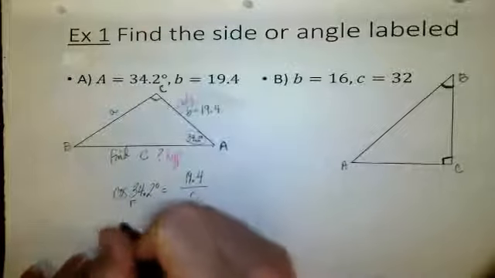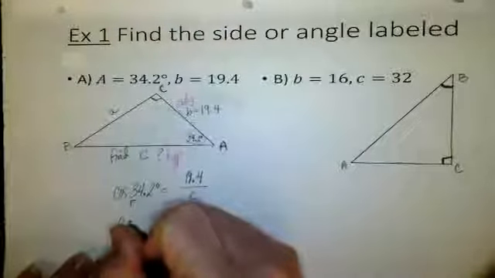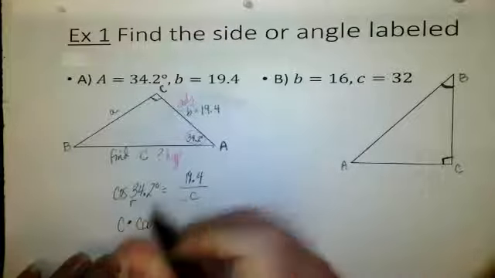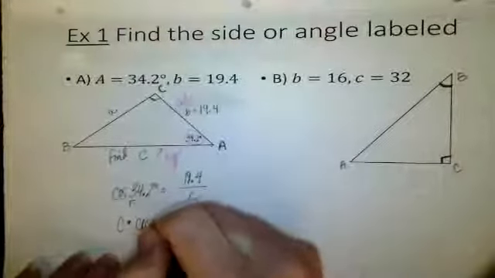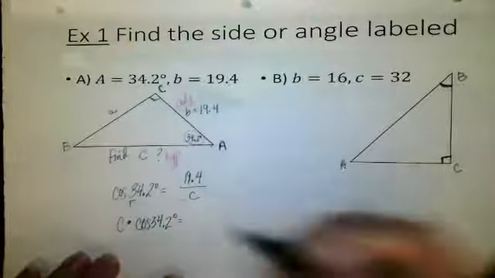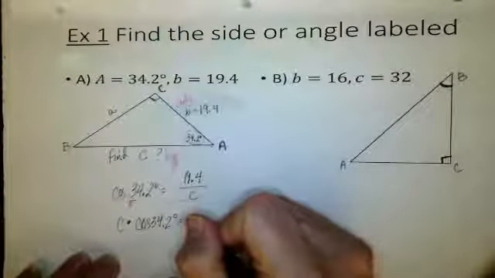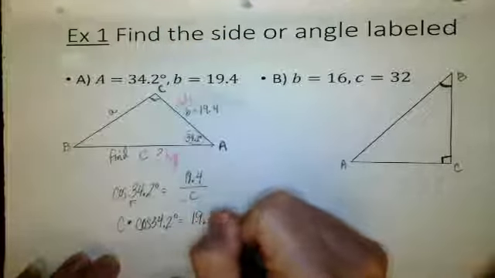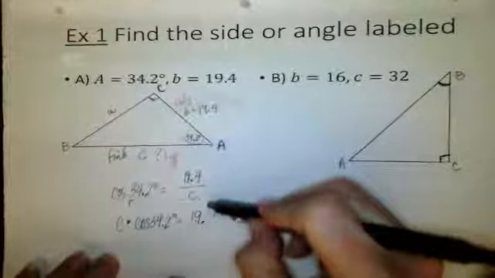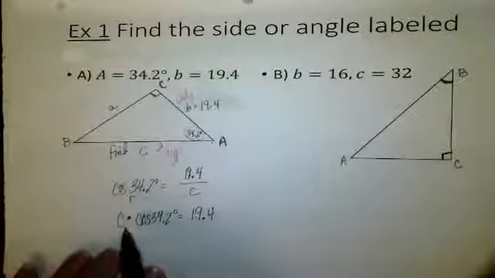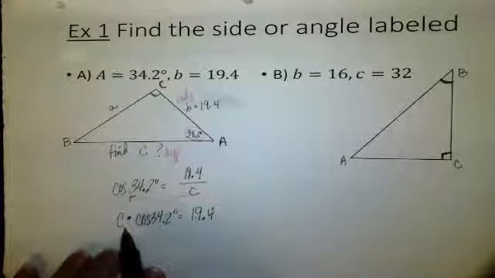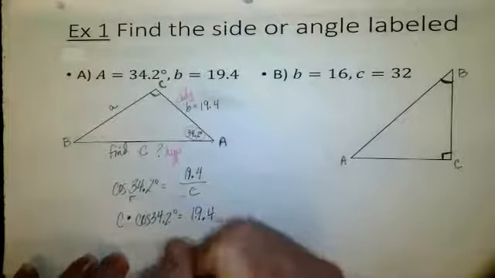Oh, you guys are ahead of me. I see. This is c times the cosine of 34.2 degrees. I understand what you said now. I'm slow. I multiplied c to the other side, and then we can divide by the cosine of 34.2.